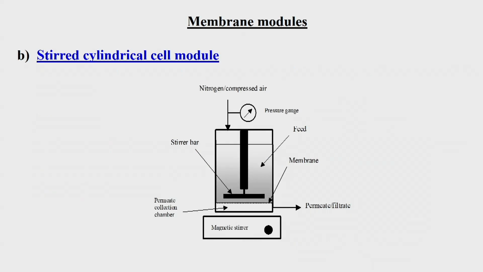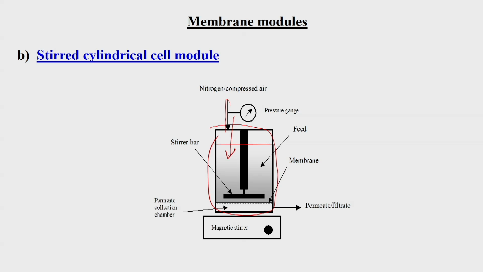And then the second type is the stirred cylindrical cell module. This is a cylindrical cell, and it is a batch cell. In the beginning we need to feed inside this membrane module up to a certain height, then we need to pressurize the system as per the requirement of the membrane system. If it is microfiltration, low pressure is required.